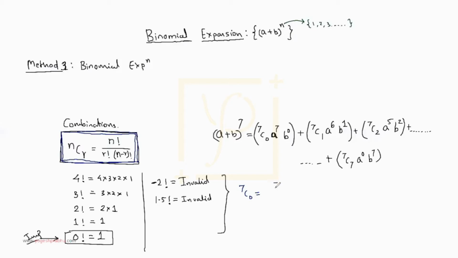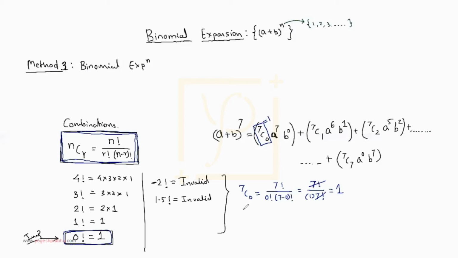This will become 7 factorial over 0 factorial times 7 minus 0 factorial. 0 factorial, we all know, is 1. And 7 minus 0 factorial is 7 factorial. Do you see, numerator and denominator both have 7 factorial, which will cancel out and you will get the answer as 1. So this term will have value 1.